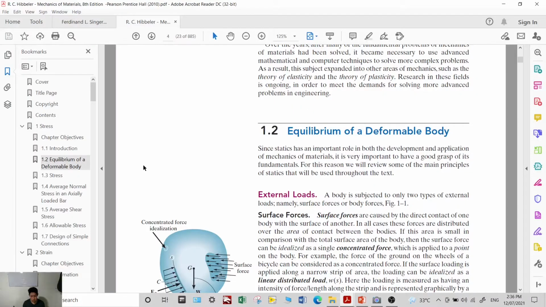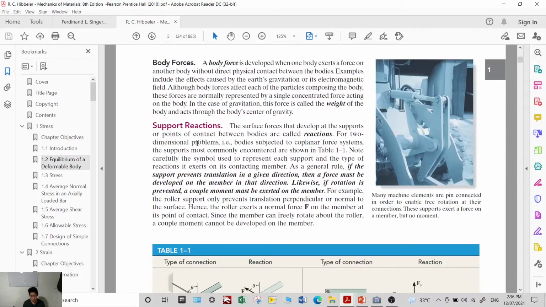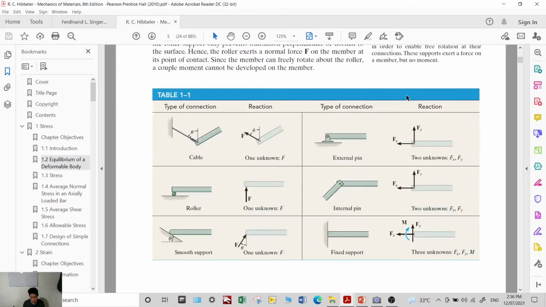Also in ENS 161, I'll just show you the things that you will need in this subject. First is to familiarize yourself with the types of support, connections, and the corresponding forces, because we will also use them in this subject.